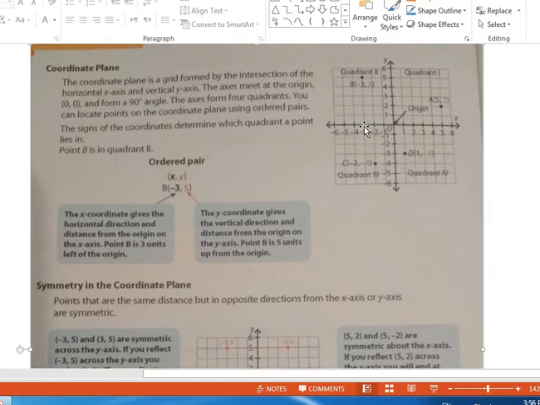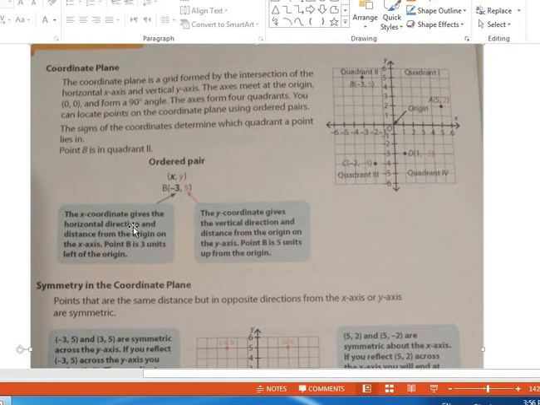Then I go up until I reach 5 on the y-axis. So the point B, (-3, 5), lies in the second quadrant, which is quadrant B.